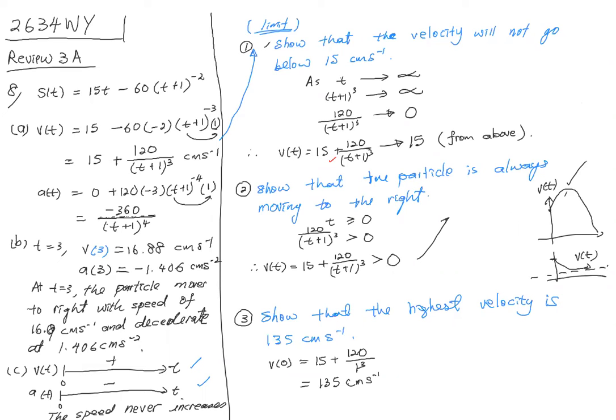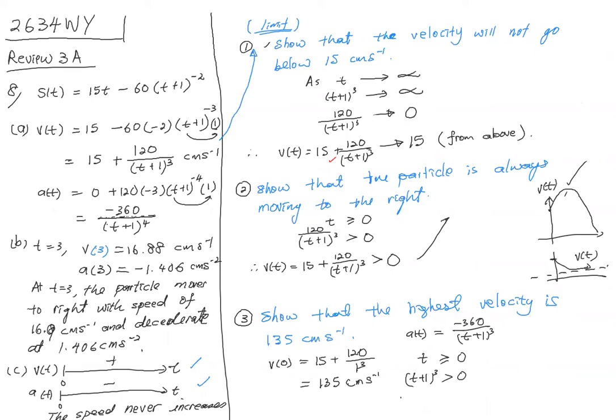Or if you don't want to, you go to your AT. For AT we have negative 360 divided by (t plus 1) cubed, t greater than or equal to 0. So we don't want to straight away go AT, we go to the (t plus 1) cubed is also greater than 0, right?